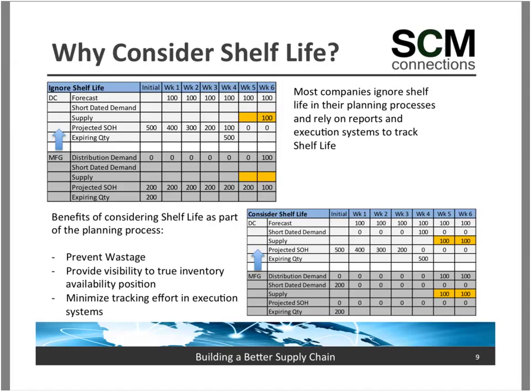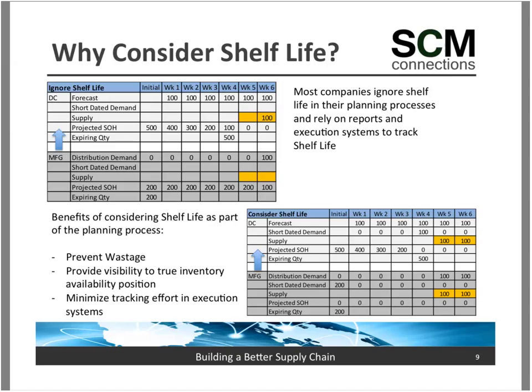Obviously there are several complexities around what a distribution network could look like and how you want to leverage it. But at a simplistic level, you've got forecasts, you've got what I'm calling short-dated demand, and I'll talk through short-dated demand and what it meant for this first case study. But just ignore it for now, and I'll talk to it when we actually consider shelf life.